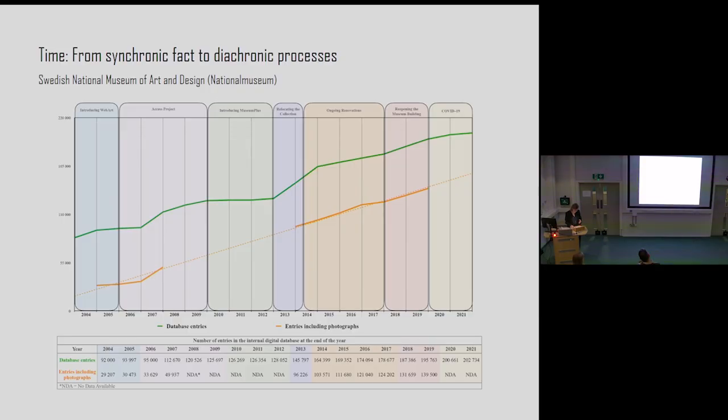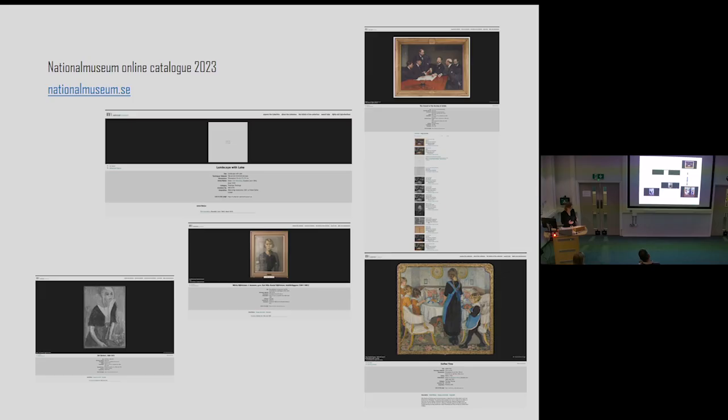So it's not only the pace and progress of the digitization that has varied over time. When you look at the entries in the database, they look very different. They differ greatly when it comes to the amount and nature of the information given. And worth noting is that these different types of entries are not possible to extract through keywords or filters or categories.